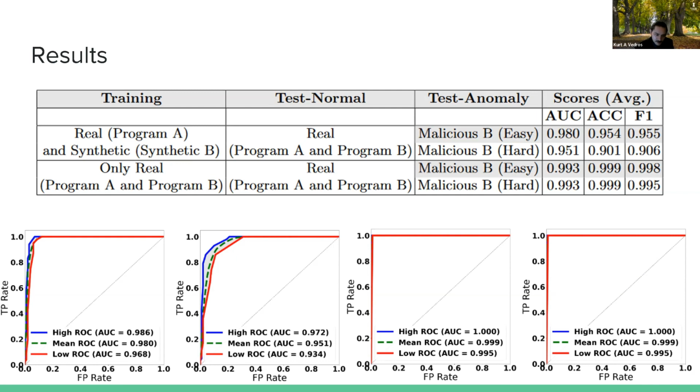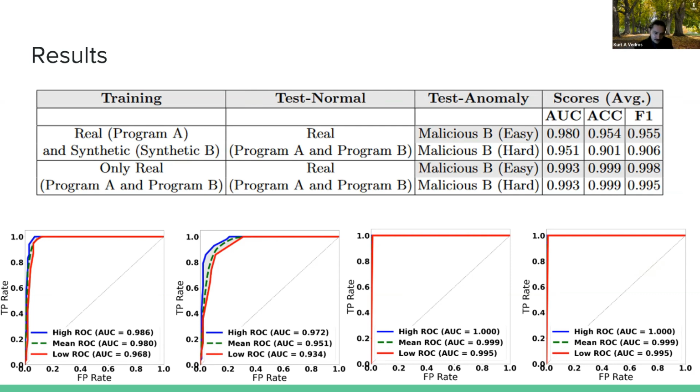For the results, using the synthetic data, the AUC was above 98% for the easy case and 95.1% for the harder malicious case. The results when using only the real electromagnetic data during the fingerprinting phase was 99.3% AUC for both the easy and the hard case.